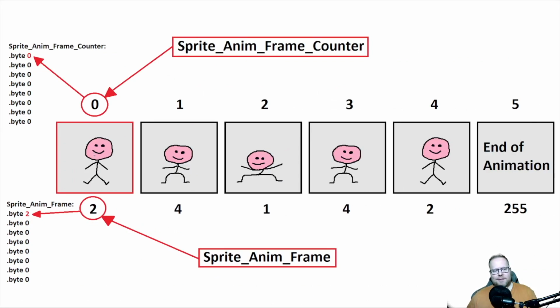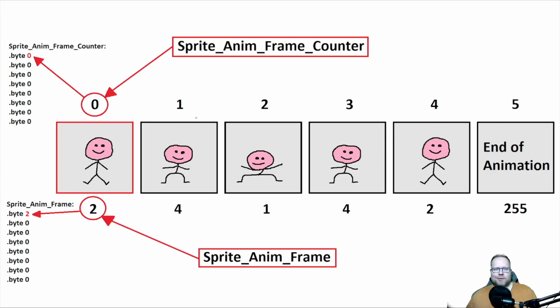So we have a drawing here, a little animation where a guy just bounces a little bit down and then back up again. So we have 5 frames of animation, and like we talked about, the last frame is going to say, okay, this is the end of the animation. So we have 5 frames, or 6 if you count the end code.